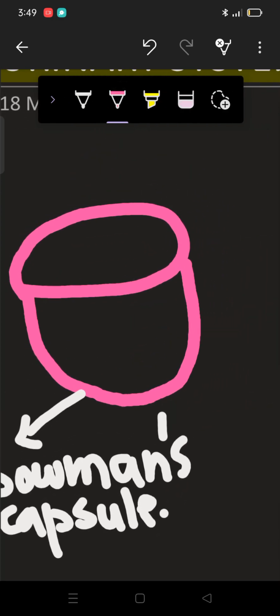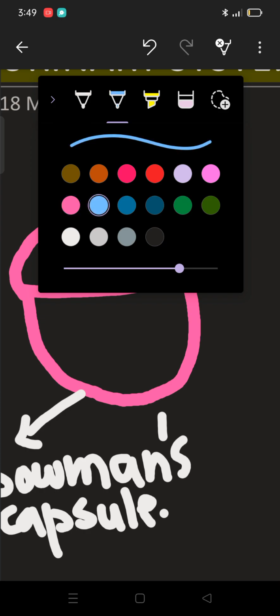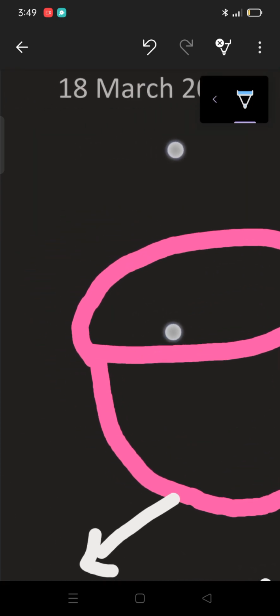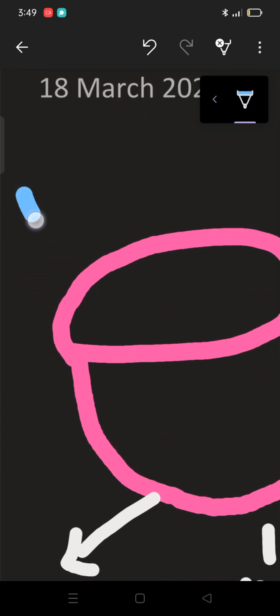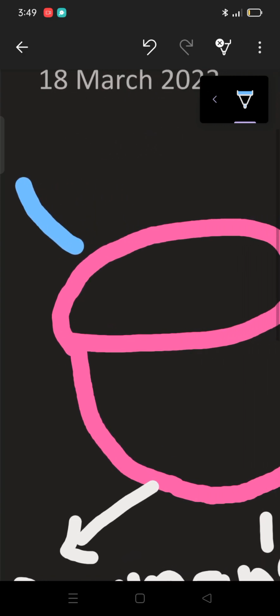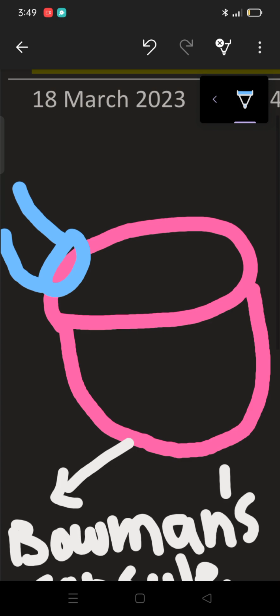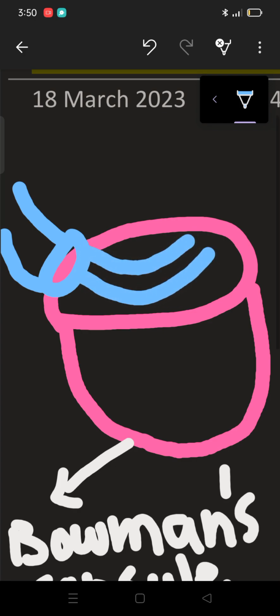So here I am going to make the arteriole, which is the afferent arteriole. This is the afferent arteriole, and we know that the exchange or filtration happens from the capillaries, not from the arteries or the veins, because of their sizes. So it will get divided into the capillaries.